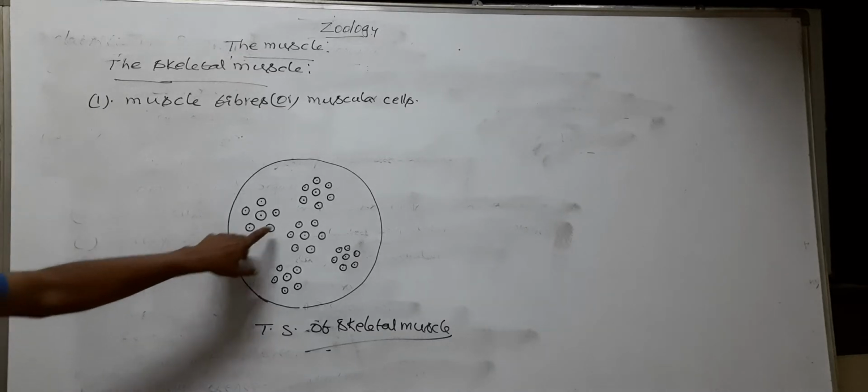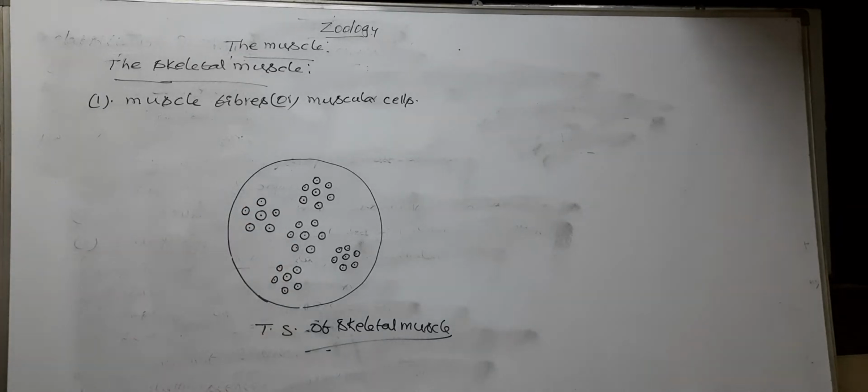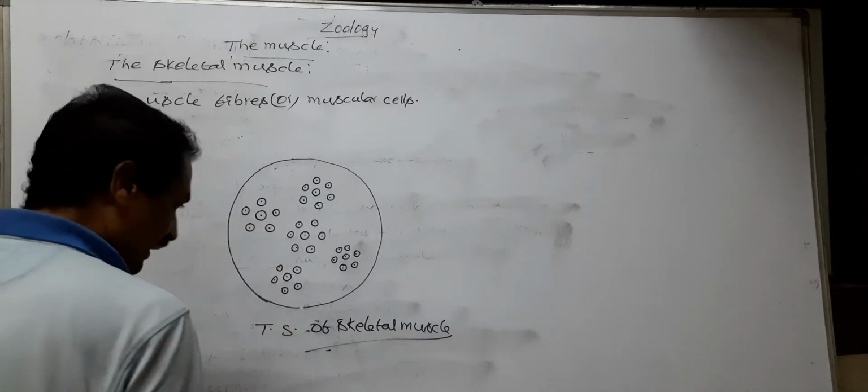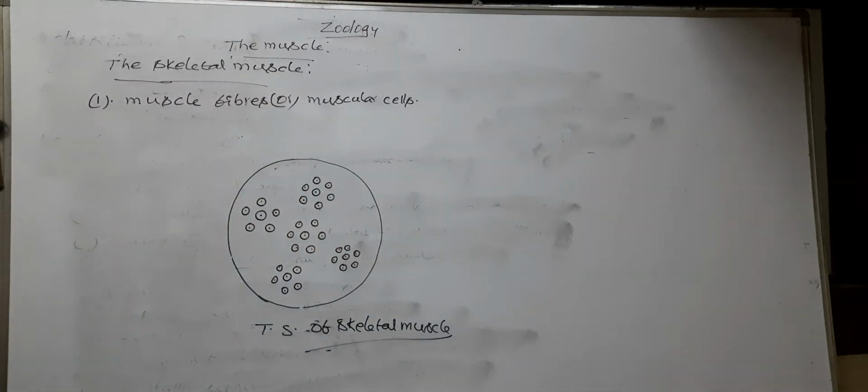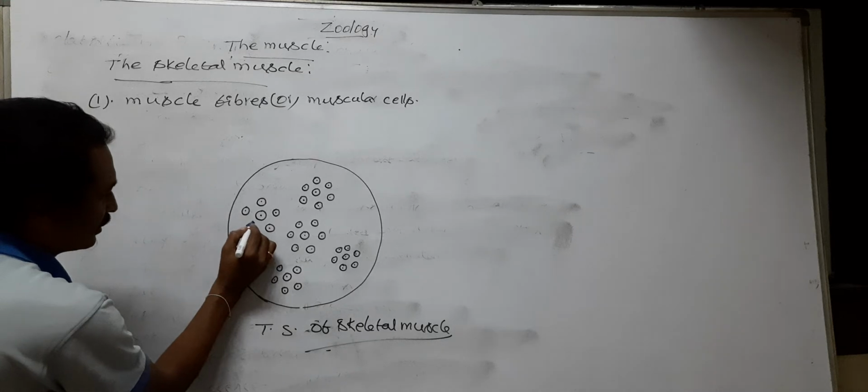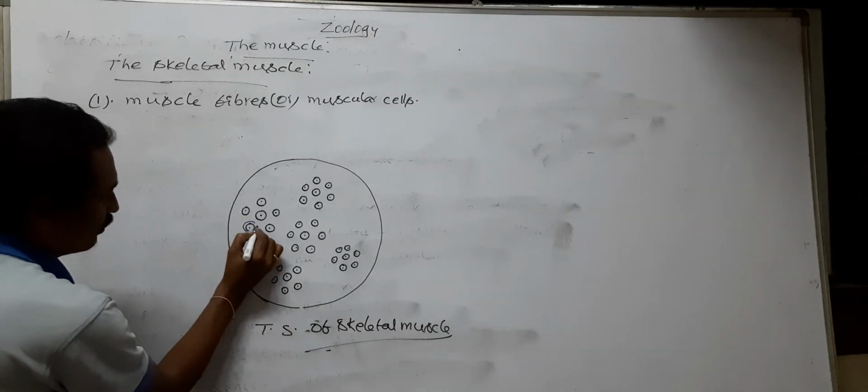So these are muscle cells, skeletal muscle cells. Each skeletal muscle cell is enclosed by a membrane called endomysium.